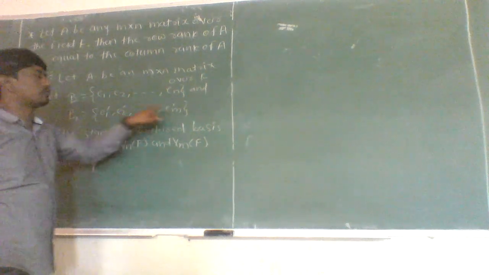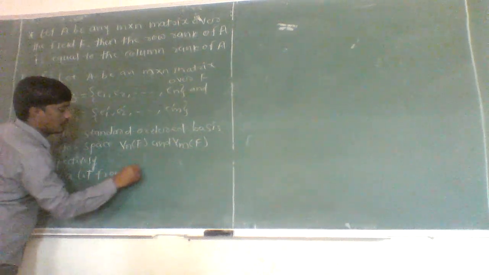So, curly B contains n elements E1, E2 up to En, and curly B1 contains E1 dash, E2 dash up to Em dash.